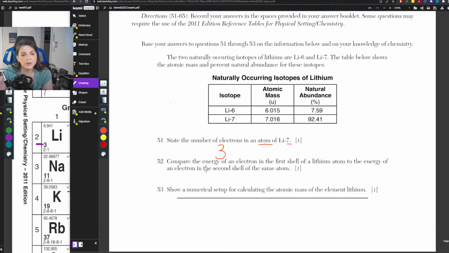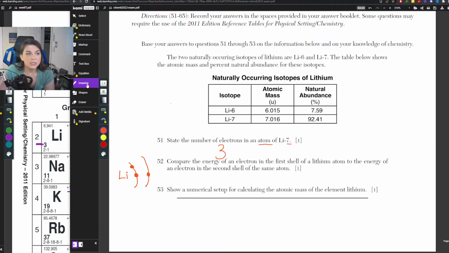52 asks to compare the energy of the electron in the first shell of a lithium atom to the energy of an electron in the second shell of the same atom. So for lithium, we're comparing this electron to this electron, even though it has a second electron in there. The further away an electron is from the nucleus, the more energy it has.